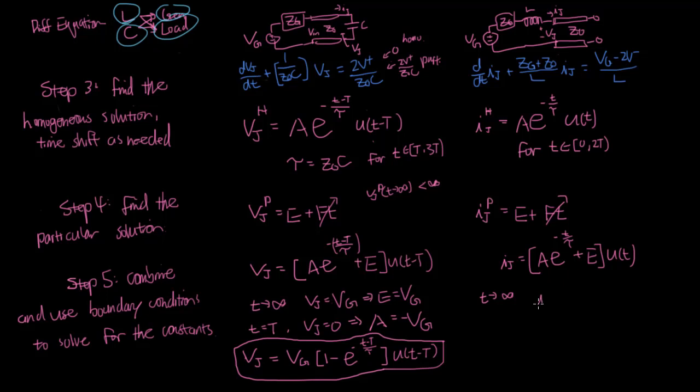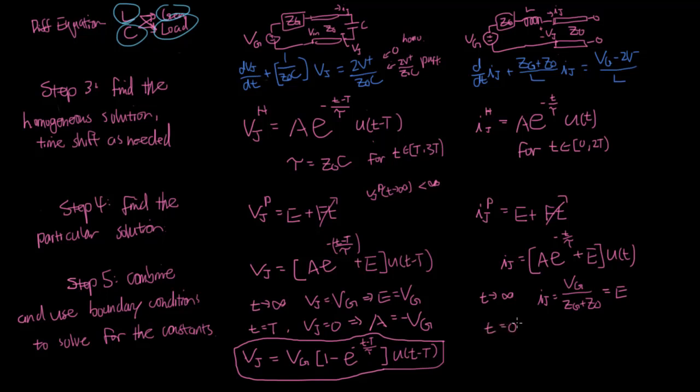In that situation, the current going into the transmission line is going to be equal to Vg over Zg plus Z0. Going back to the mouth of the tunnel analogy, Vg sees Zg and Z0 in series, and so the total current is Vg divided by the sum of the two impedances. What that means is as t goes to infinity, this term goes away, so that is what E is going to be equal to.